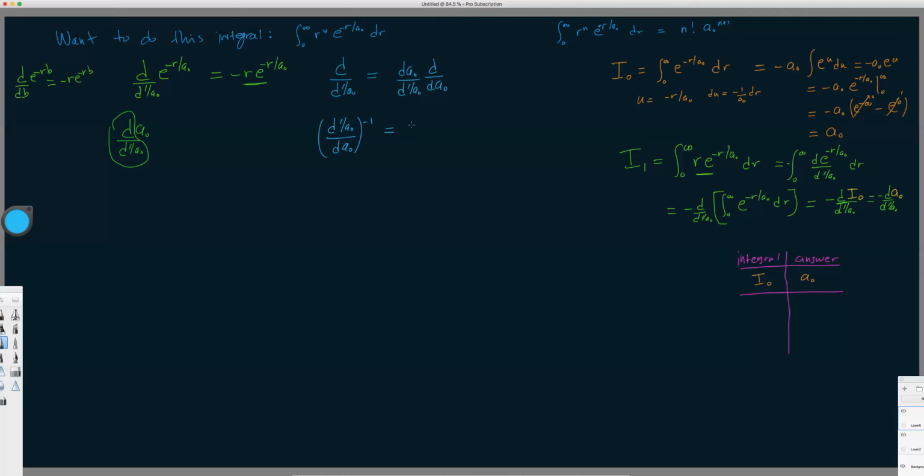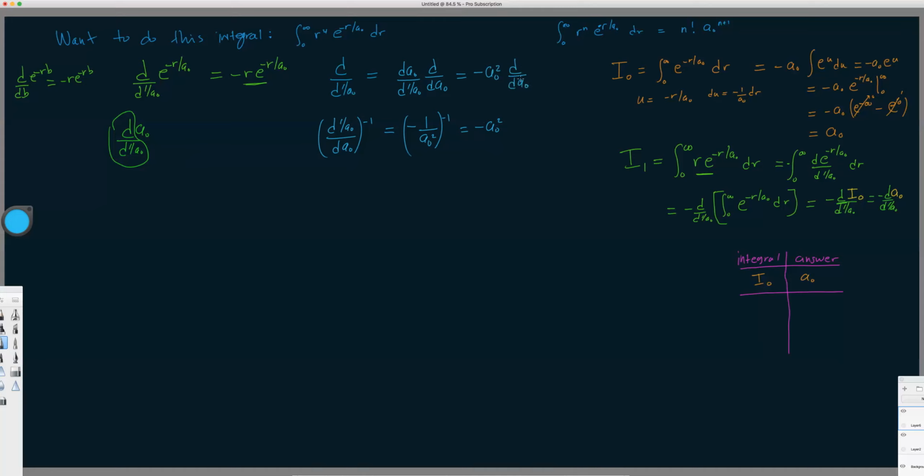It's just minus 1 over a naught squared to the minus 1, so it's minus a naught squared. Yeah, we could have done that here, couldn't we? Anyway, but it's nice to have this operator. So this operator is minus a naught squared d/dA naught. Now I don't have to think anymore, right?